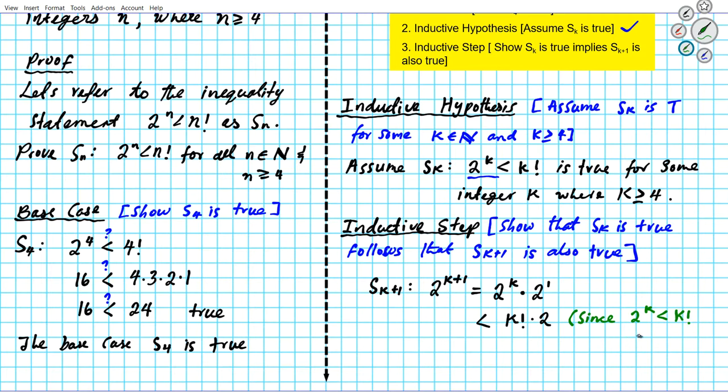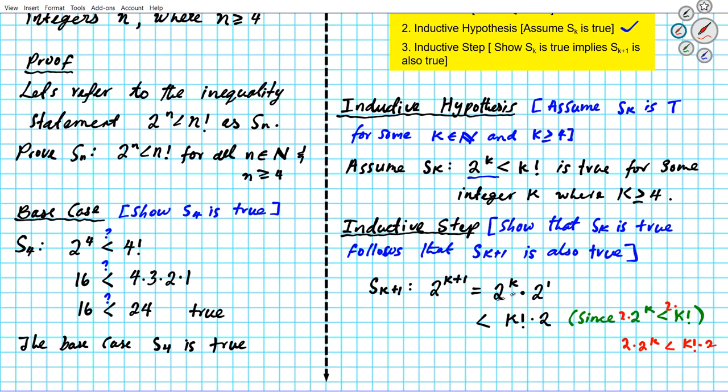Check this out. If you have 2 to the k is less than k factorial from our inductive hypothesis, and you multiply both sides by 2, you have a situation where 2 to the k times 2 is less than k factorial times 2.